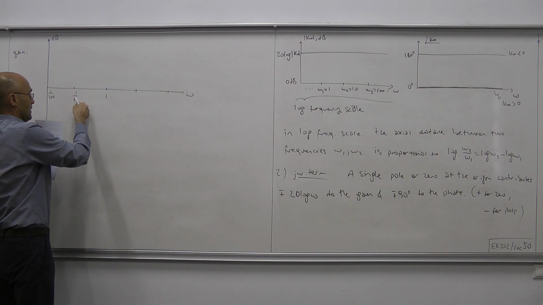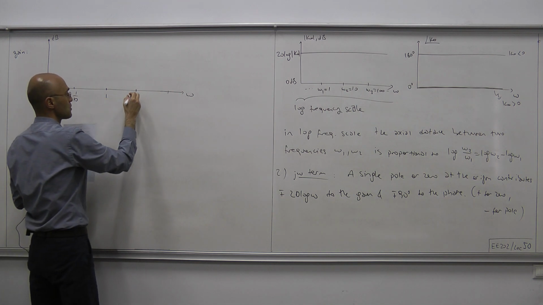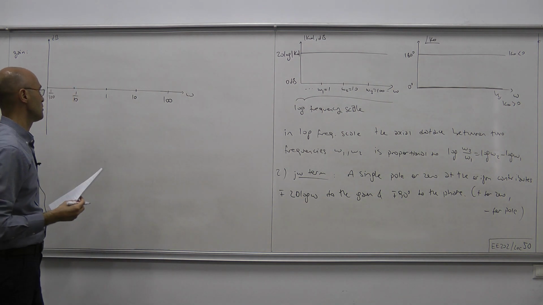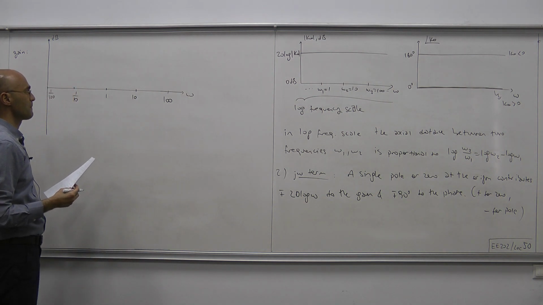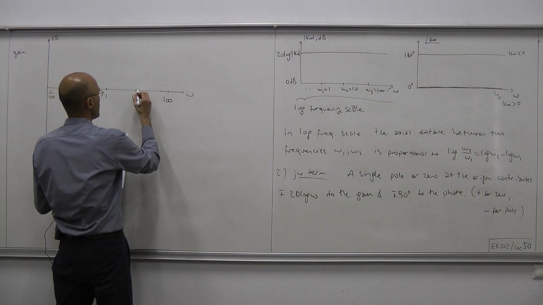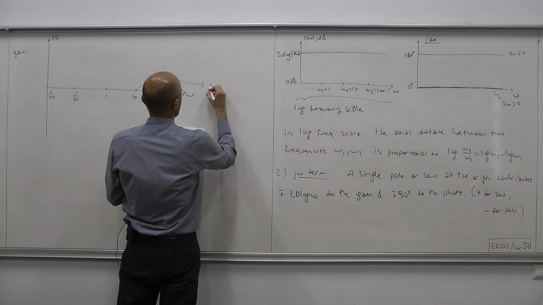Therefore, from here to here we go 10 folds. From here to here we should also go 10 folds. So that means this is 10 radians per second, and here we have 100 radians per second. So that's how we mark the frequencies, and the distance here is called a decade.